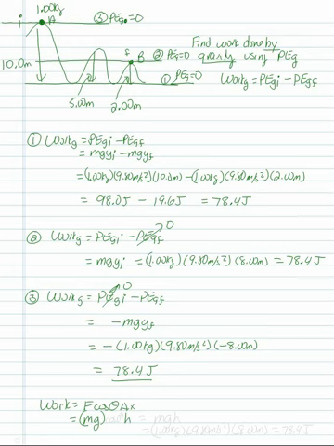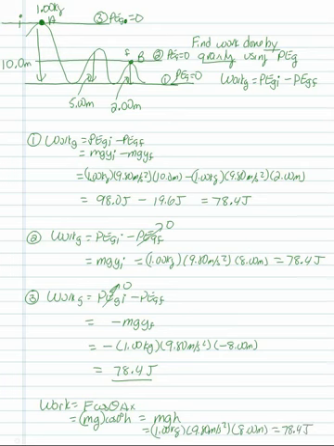Mg points down, and it's moving down, so it's mgh. And if you think about mgh, 1 kilogram, 9.80 meters per second squared, and the height change is 8 meters, which is 78.4 joules.